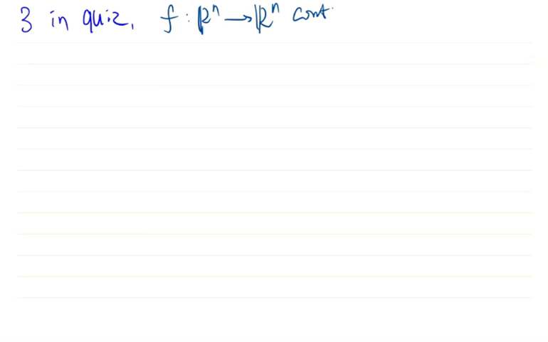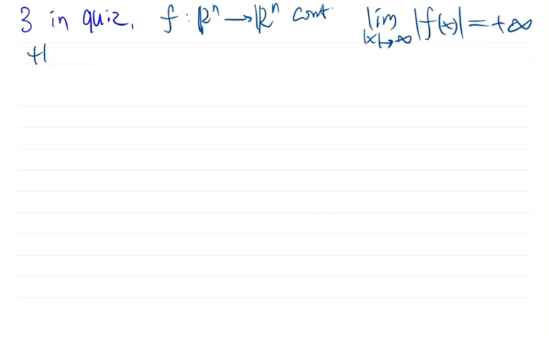So for example, in our quiz problem 3, we have a continuous map f satisfying this condition: as x goes to infinity, the norm of f(x) is infinity.